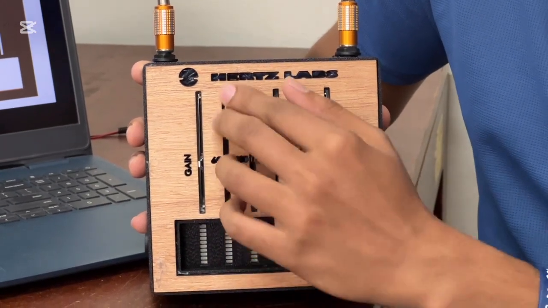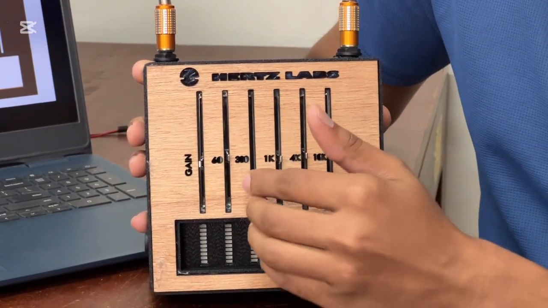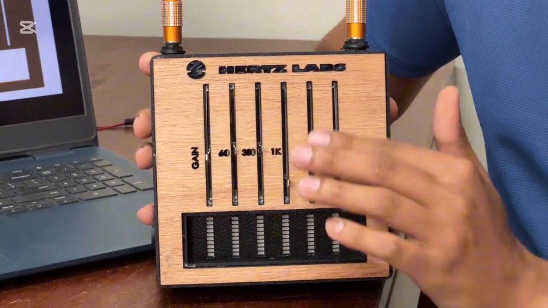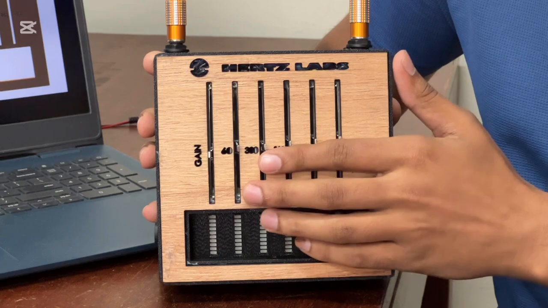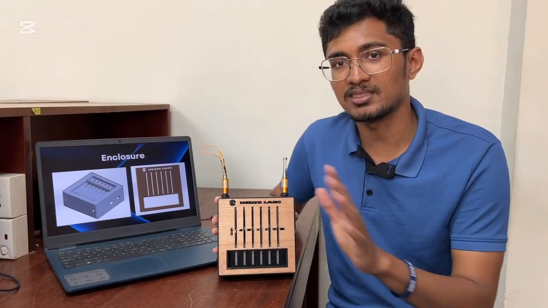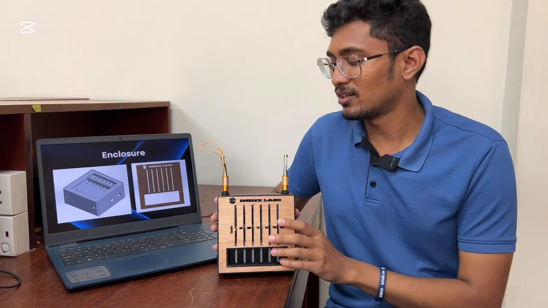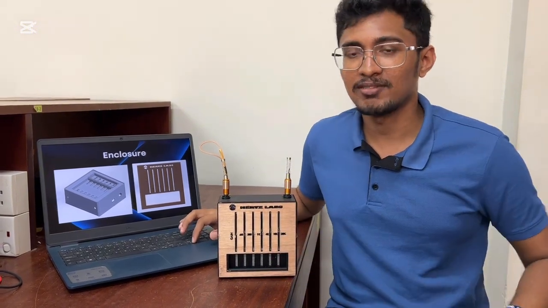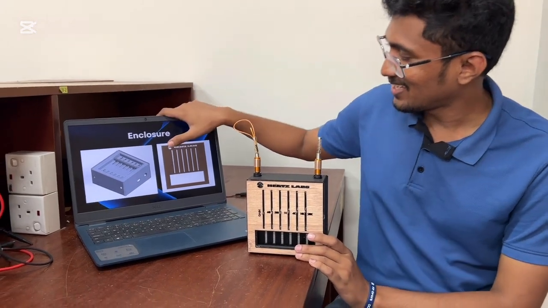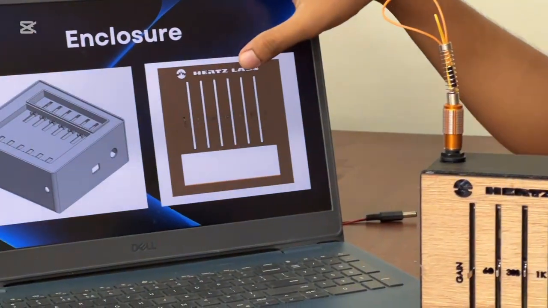Individual band responses can be adjusted as we intend to, and yes, it works perfectly, and there's good selectivity in each of these bands. We will see that in a few minutes. So yeah, we have our logo printed out here.